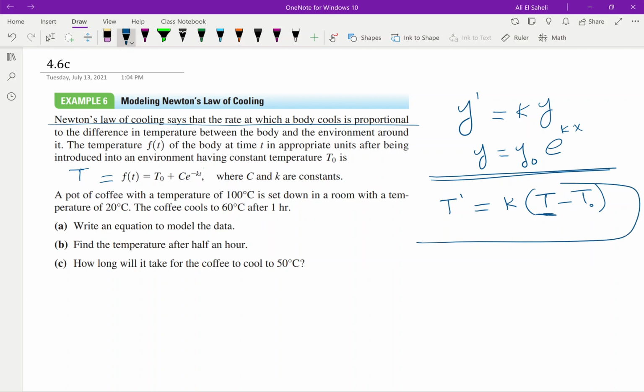If you solve this equation, just like we solved this to get this, you get this model, Newton's law of cooling. The temperature f of t of the body at time t in appropriate units after being introduced into an environment having a constant temperature of T0. So T0 is the ambient temperature, the temperature of the environment.